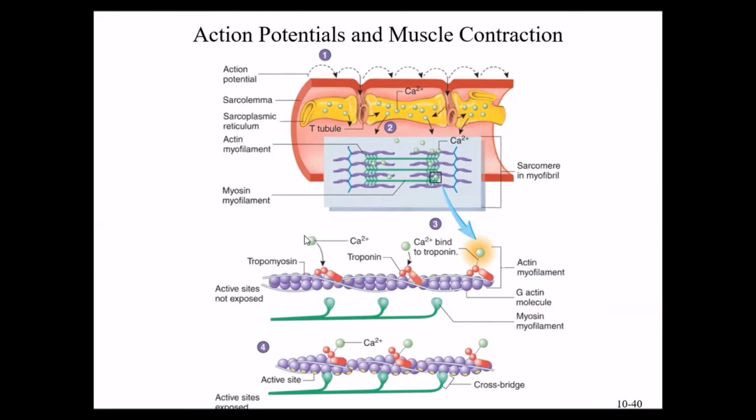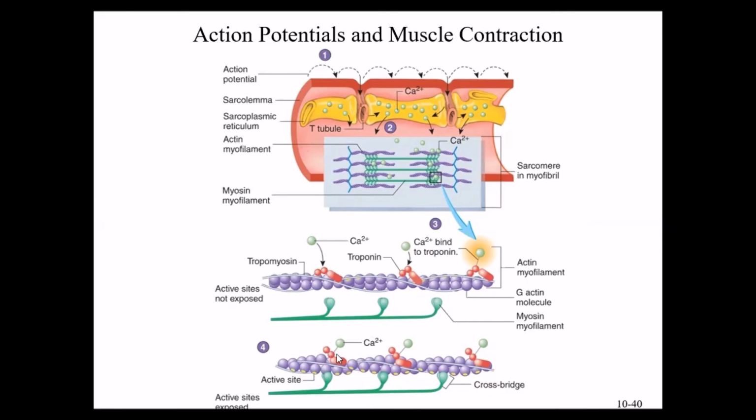Well, now you have the calcium come in, it binds to the troponin. When calcium binds to troponin, it basically causes a shift in that molecule. So now troponin shifts around. When it shifts around, it moves that tropomyosin thread-like protein out of the way of the binding site. So now calcium binds, it shifts the troponin.